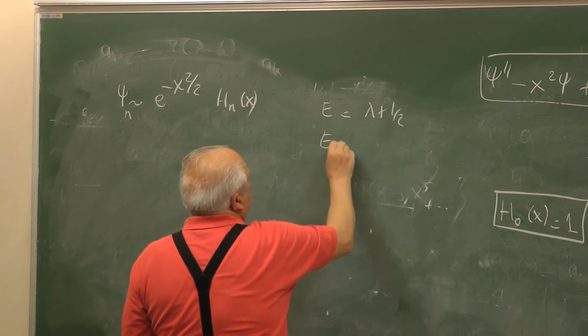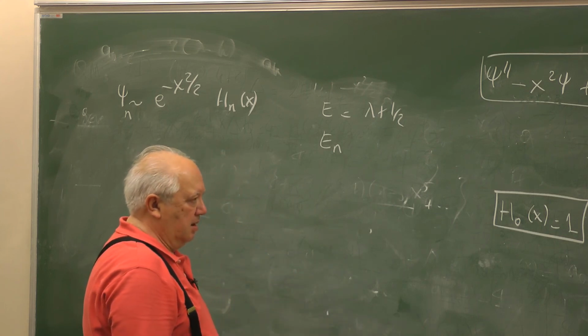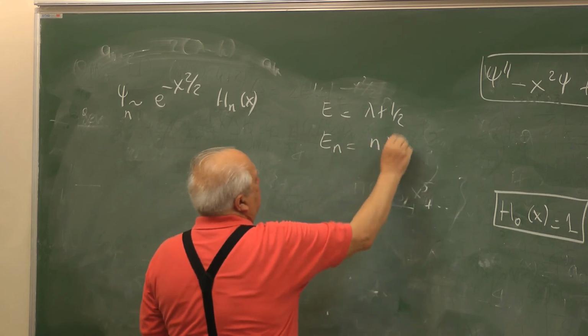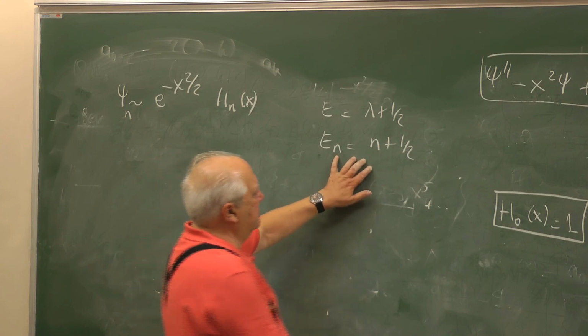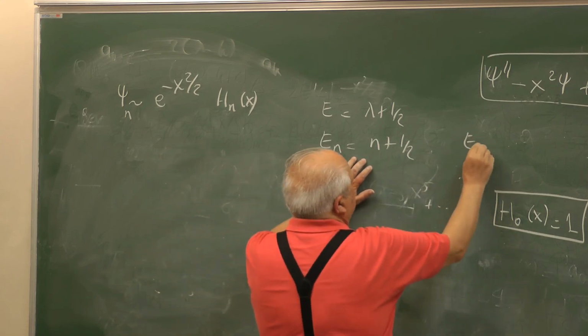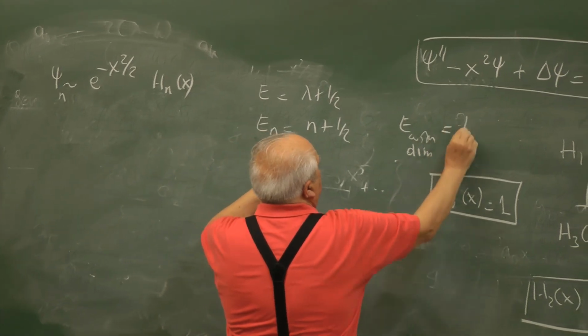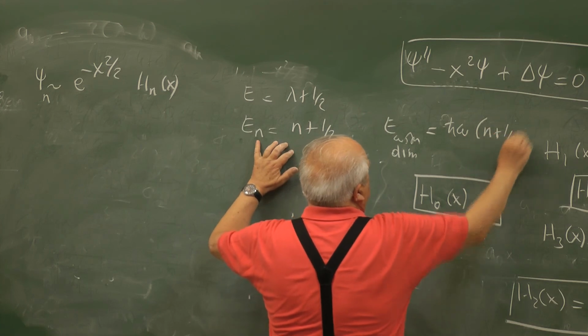Now we know n must be an integer, a positive integer, even or odd. So it is n plus 1/2. Remember, these are dimensionless quantities. E with dimension was in units of h bar omega times (n plus 1/2). Okay.